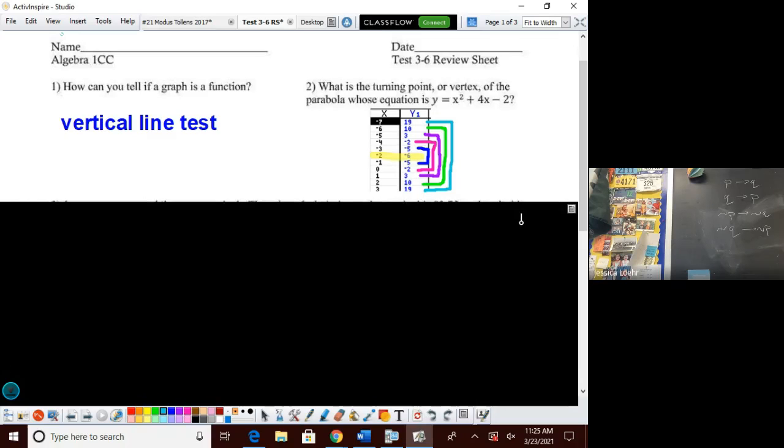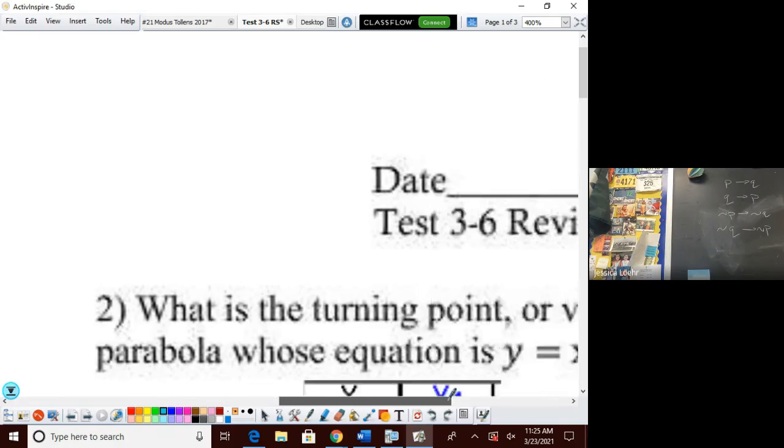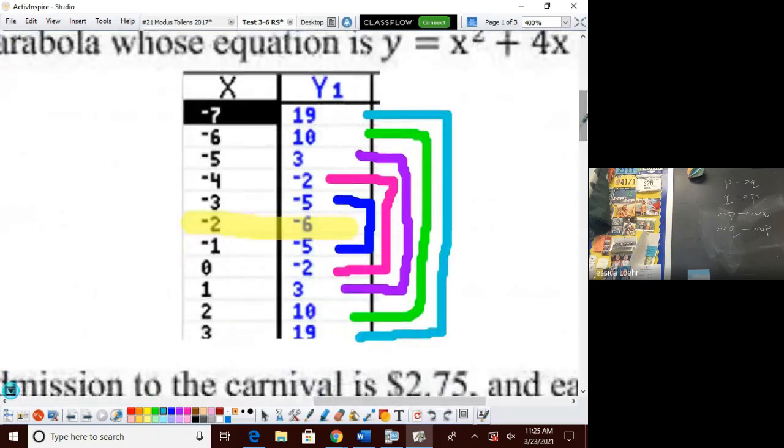Number 2 is, what is the turning point or the vertex of the parabola whose equation is y equals x squared plus 4x minus 2? What I did here was I plugged this into the calculator and put the table on here for you. When you're looking for the turning point, remember all of your points are mirrored around that turning point.